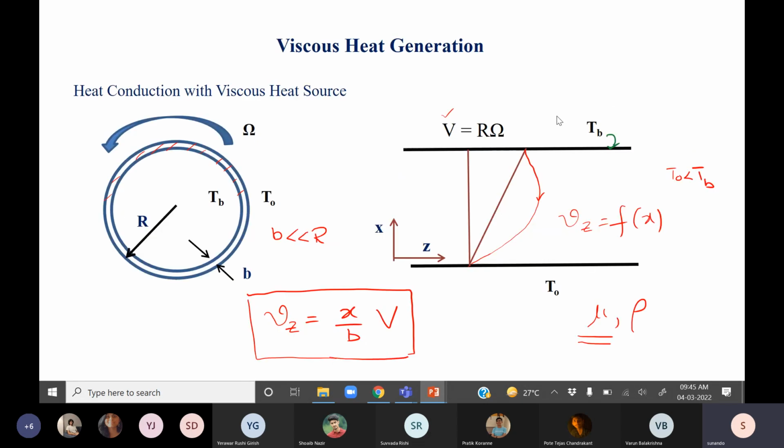So when we consider all of this, the governing equation is k d2T by dx square equals minus mu dVz by dx whole square.